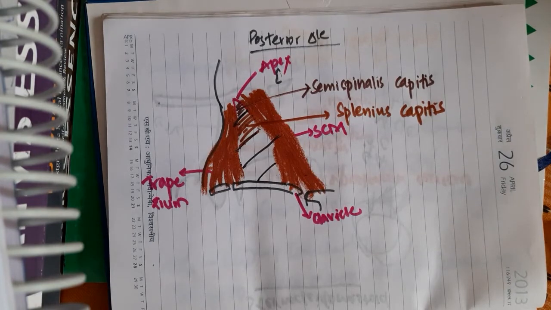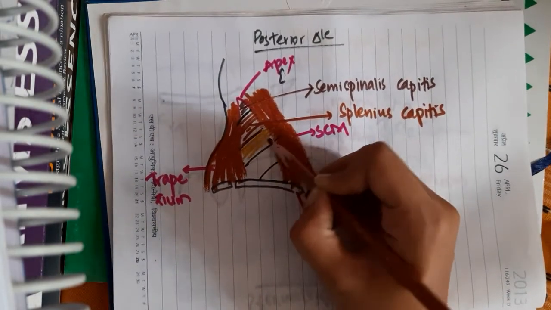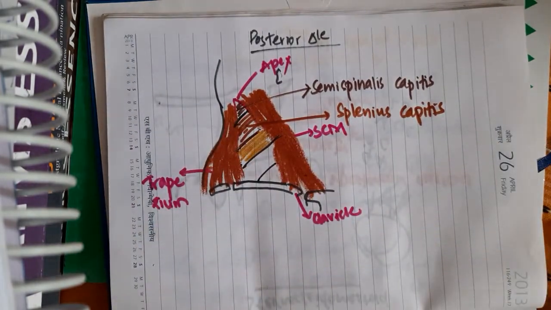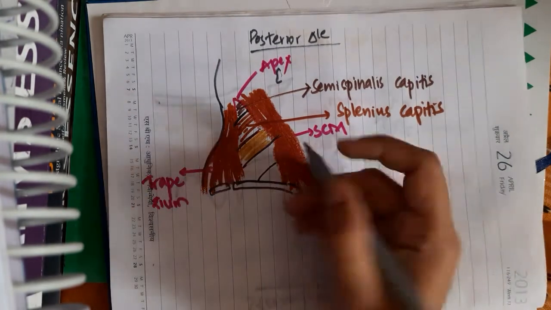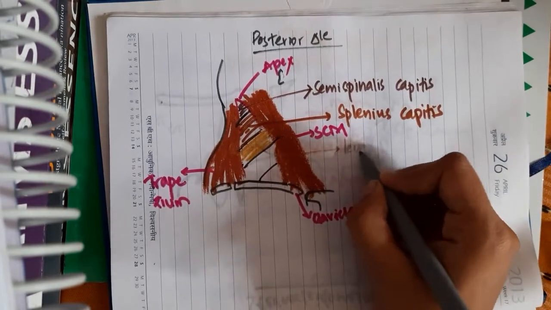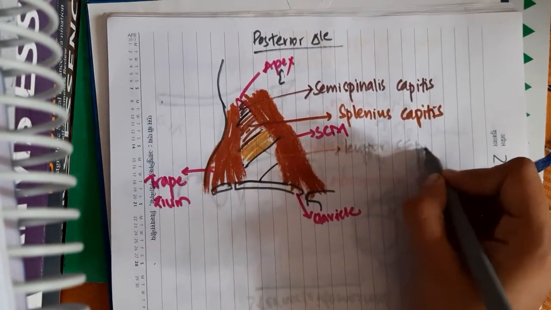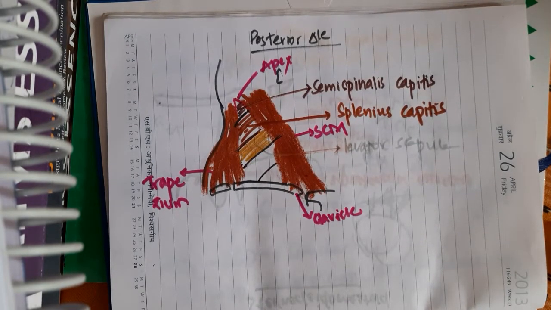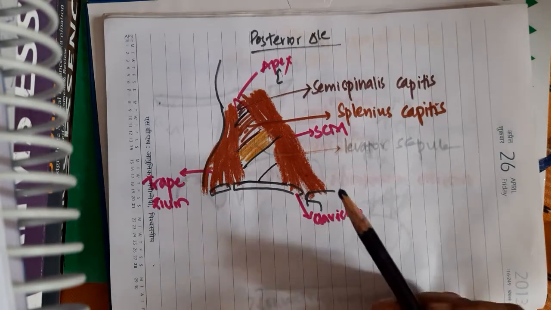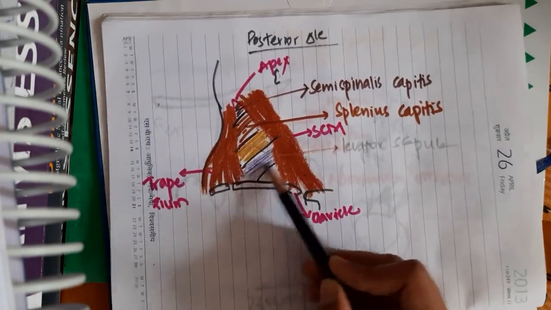Now, below the splenius capitis, we have the next muscle in the floor of the posterior triangle, which is called levator scapulae. Below the levator scapulae is the next muscle, which we call scalenus medius.